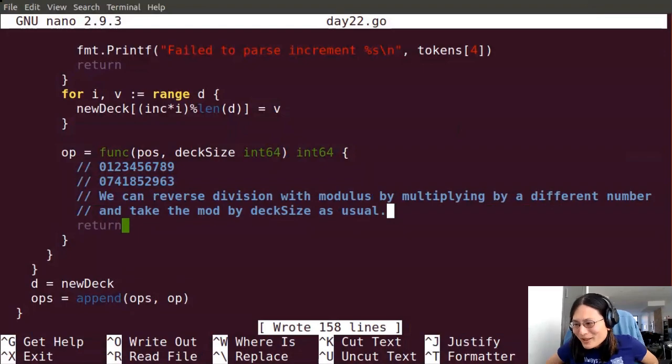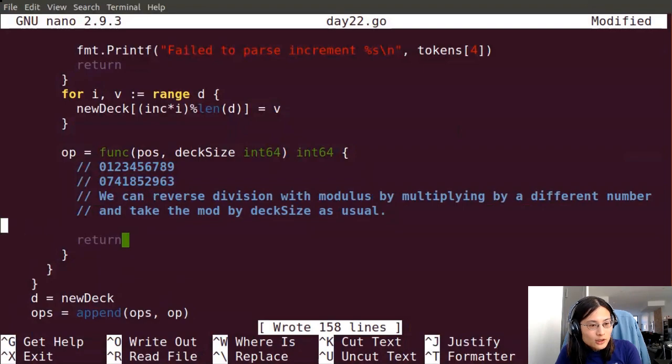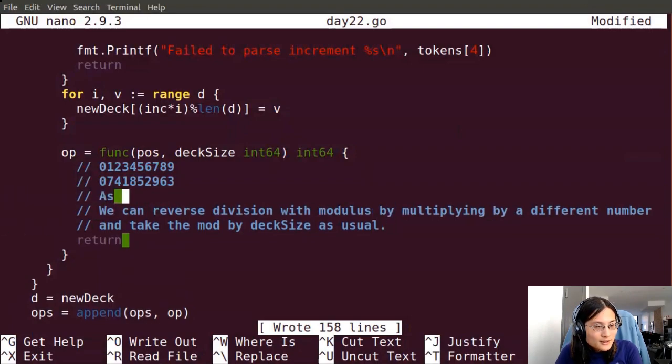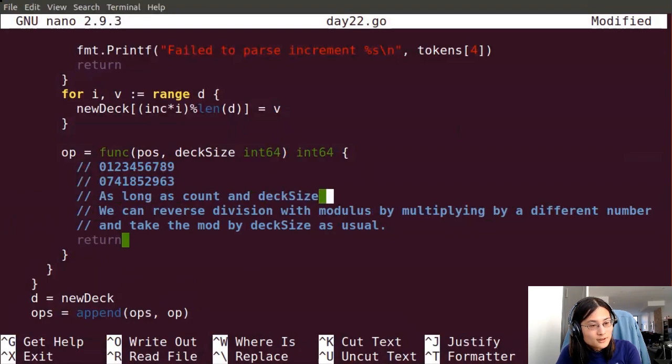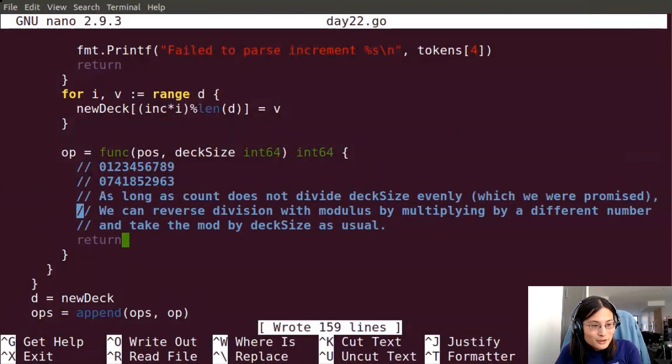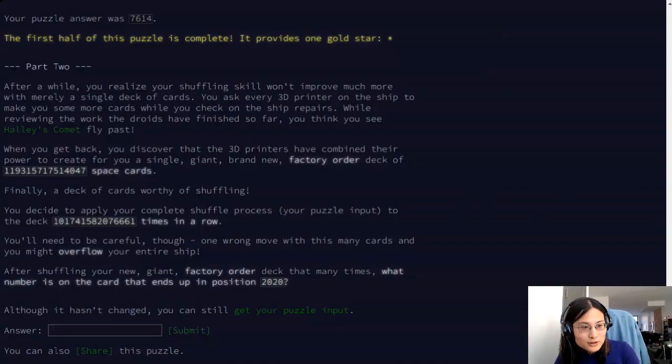I think I need a little bit more Wikipedia, but I remember that as long as count does not divide deck size evenly, which we were promised, then we can reverse. Okay. Yep. Now I'm trying to remember what this is. How do we handle this?